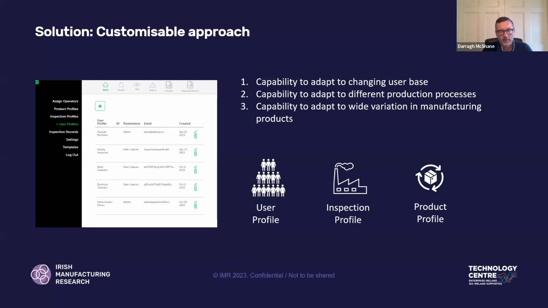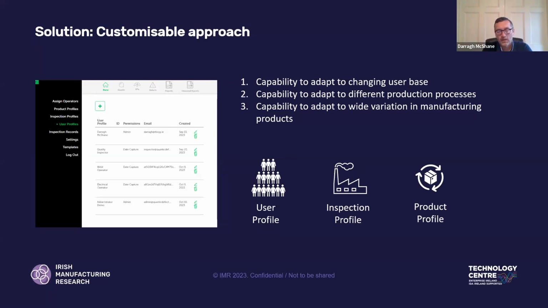So we move on to our inspection profile. That's really how we configure the system to adapt to a particular manufacturing profile. So any information relevant to the inspection stage and the operators that are in use there, and any information relating to data capture and how we track product through the manufacturing process, is all configured within that inspection profile.